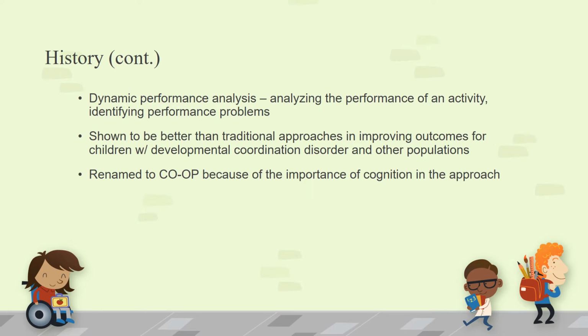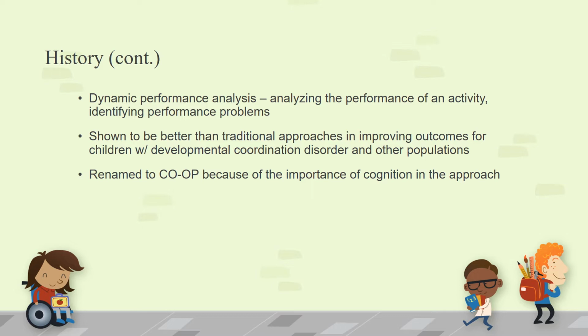It uses dynamic performance analysis, which analyzes the performance of an activity and identifies performance problems, and allows the therapist and the client to break down the task and the activity into the person, environment, and task, and identify strategies to better their performance.